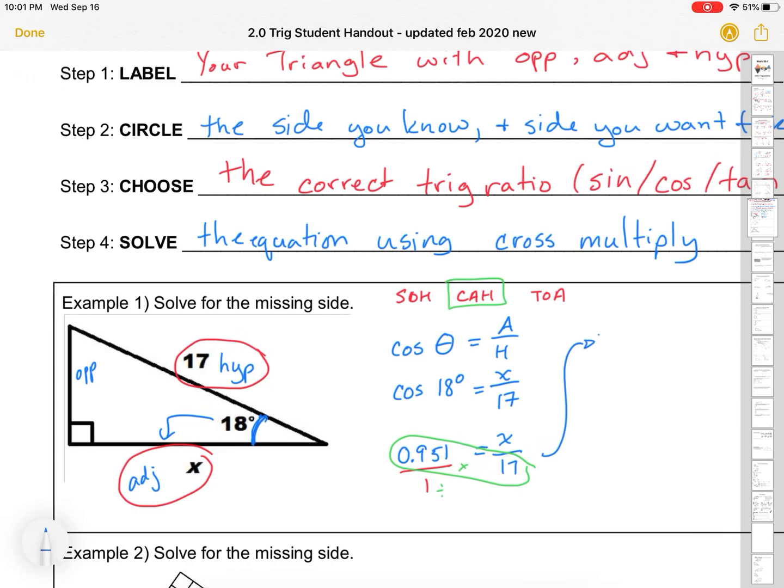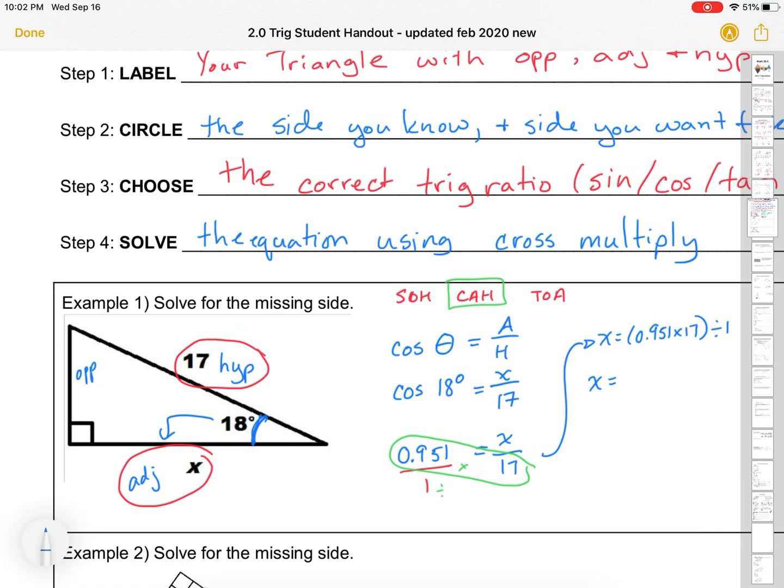We're going to be cross multiplying and dividing by 1. So that is going to get us x is equal to 0.951 times 17 divided by 1. So x will equal, what do I got for answers?